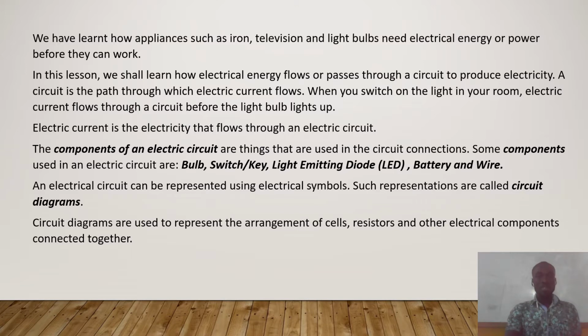The components of an electric circuit are the things that are used in the circuit connections. Some components used in an electric circuit are the bulb, the switch or key, the light emitting diode, which is known as the LED, the battery, and the wire.